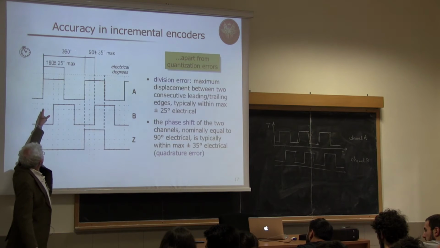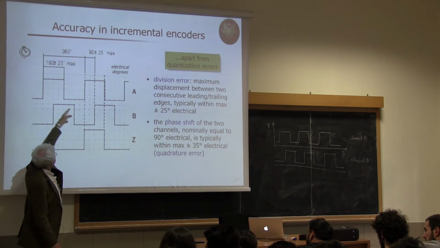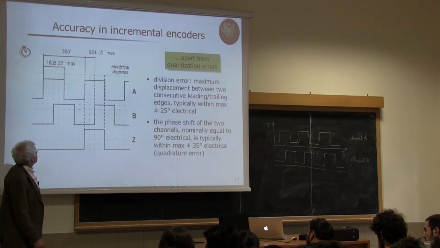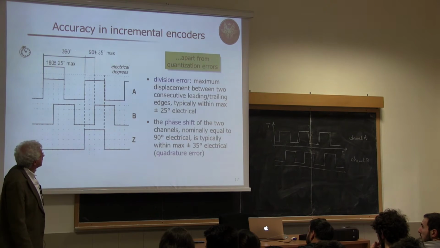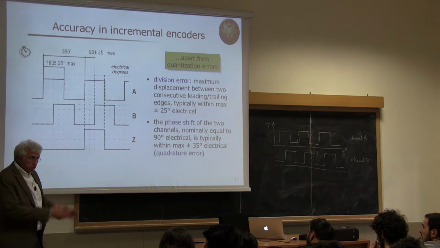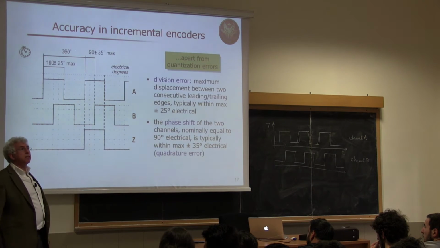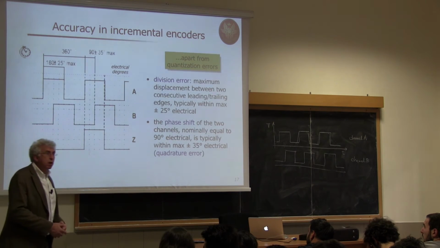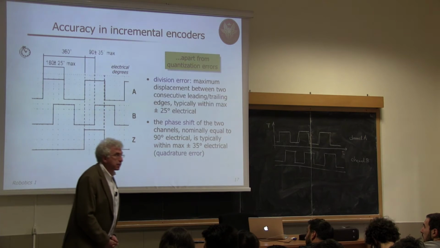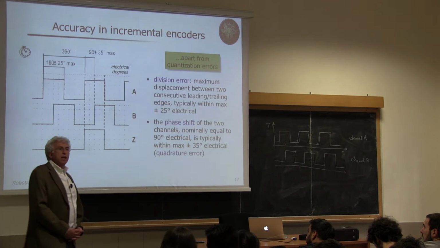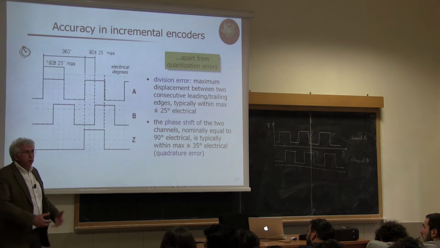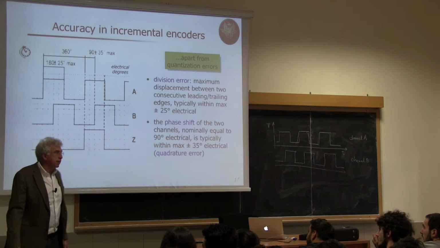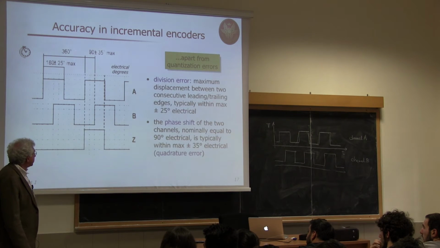So for instance, we may have a period of 360 degrees, but then we may have some error due to the construction and to the electronics, so that we see the next pulse not after 360 degrees electric, but with, let's say, 10, 15 degrees more or less. Okay, and if you accumulate this, you may then get lost if you're dividing too much.